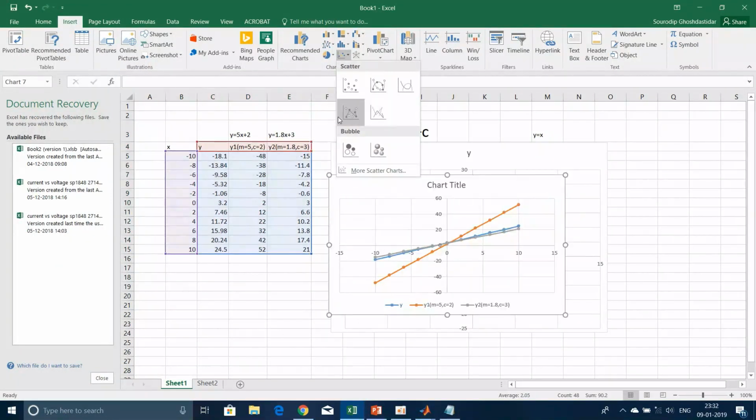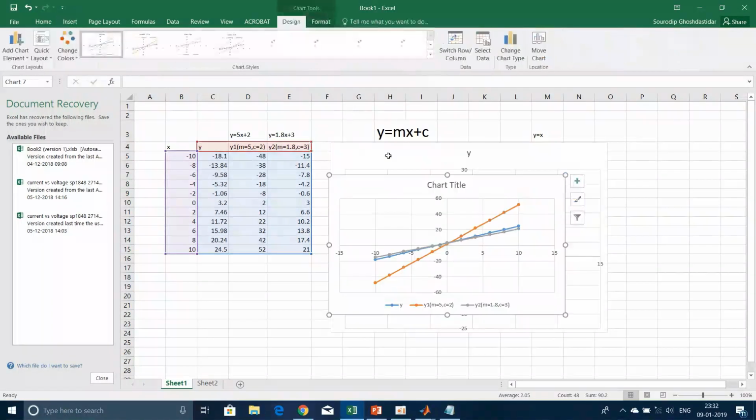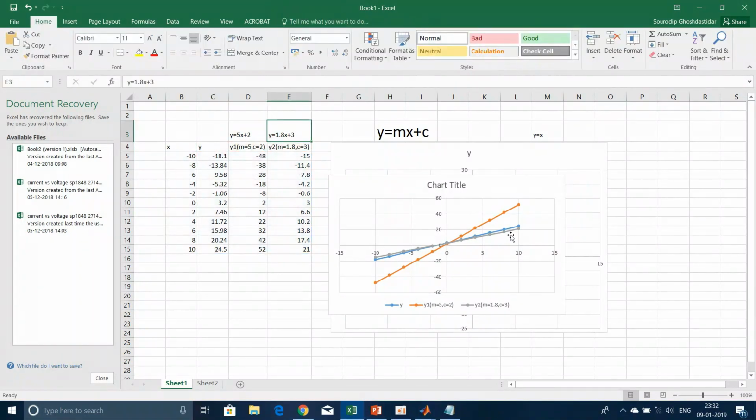Yes, so this is the plot. The gray line is basically y is equal to 1.8x plus 3. The gray line that you see here is really pretty close to our experimental data, which is these points. So when m is equal to 1.8 and c is equal to 3, we have a much better fit of the data.